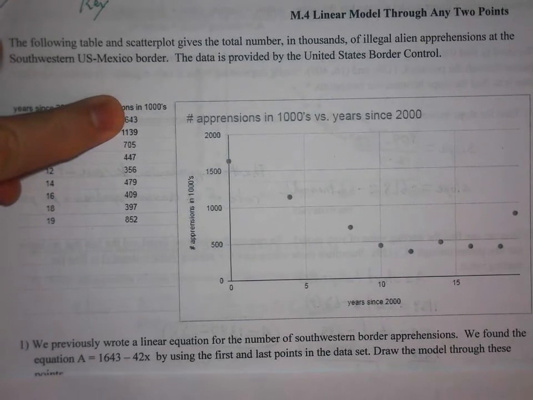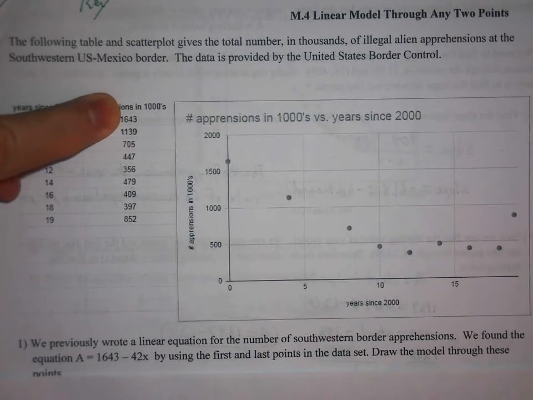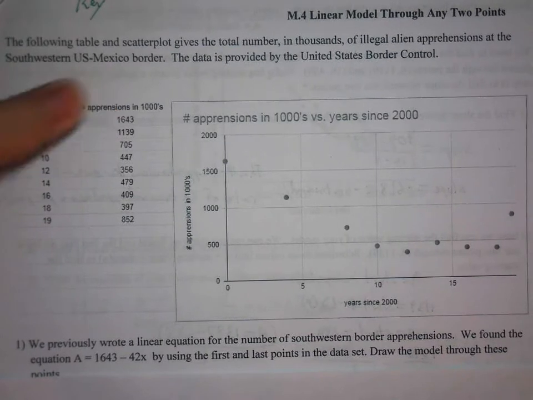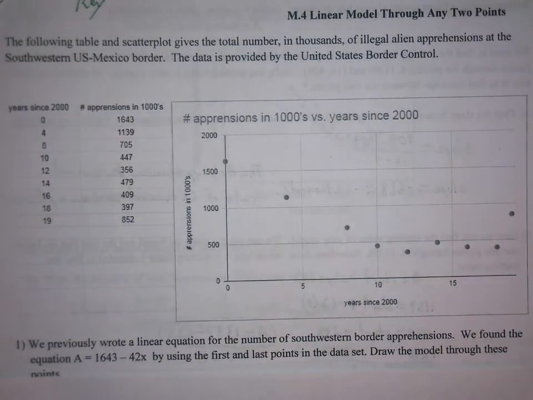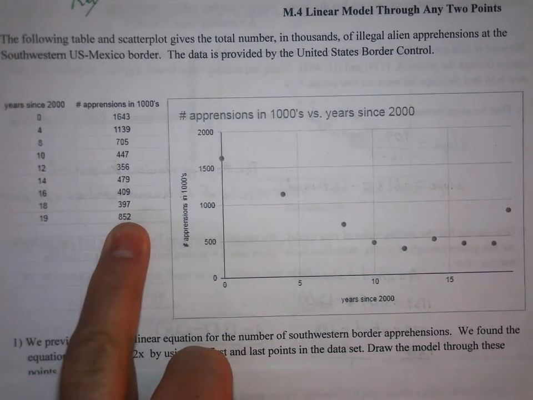And then 643 would represent 643,000. So that 1 would actually be in the millions place. So that first number really represents 1,643,000.